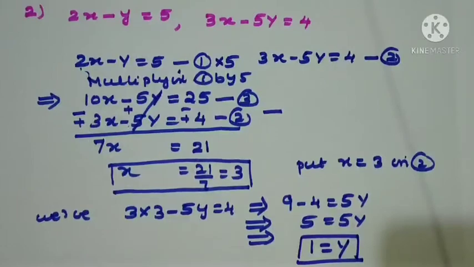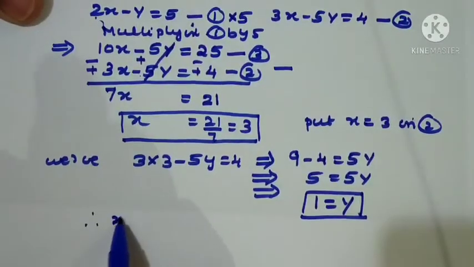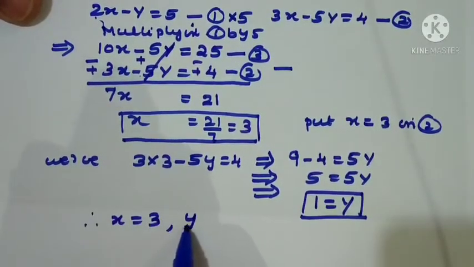So what are the values we got? x equal to 3 and y equal to 1 only. I'll write here once again, x equal to 3, y equal to 1.